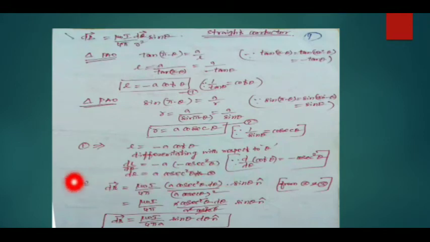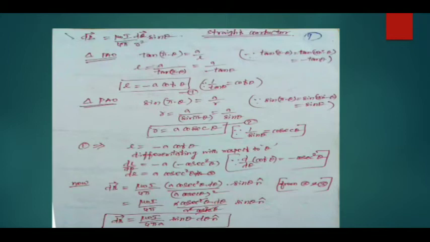So now come to this initial equation: dB is equal to mu naught I divided by 4 pi. Now come to the dl. What is dl? A cosecant square theta d theta into sine theta into n cap, and divide by R square, which is A cosecant theta whole square.